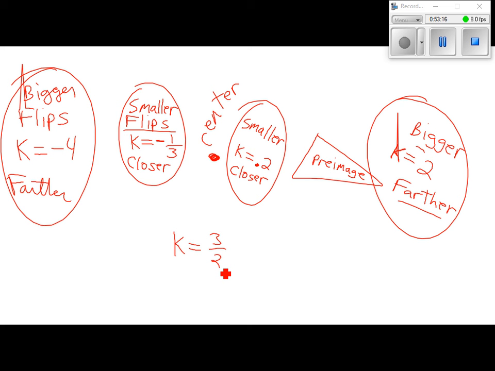Bigger, because it's larger than 1, but it's a fraction. If it's anything from -1 to 1, it's getting smaller. If it's anything out past -1 or out past +1, it's getting bigger. And if it happens to be 1 or -1, is it getting bigger or smaller? Staying the same. 1 is going to just be like a 360 turn.